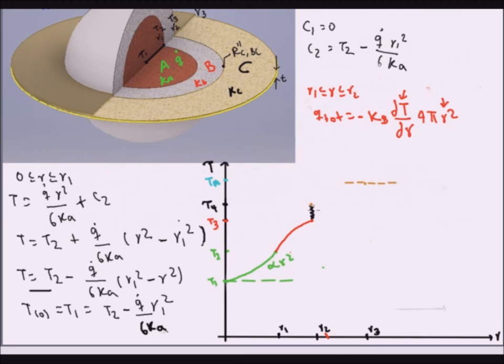So because of that, at first you have a higher gradient, and as you get farther it slowly plateaus until it becomes 0 at R3. Let me draw it better, sort of like this.